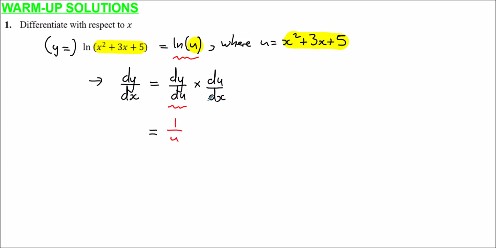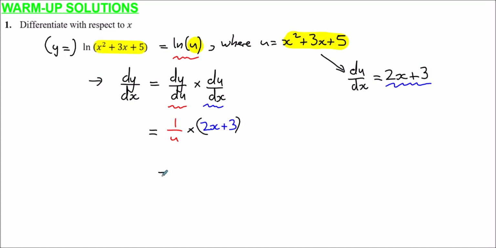And then du by dx. I've got u here. So if I work out the derivative of u with respect to x, x squared differentiates to 2x, and 3x differentiates to 3, and the constant term will disappear. So therefore du by dx is just 2x plus 3, all in brackets of course.